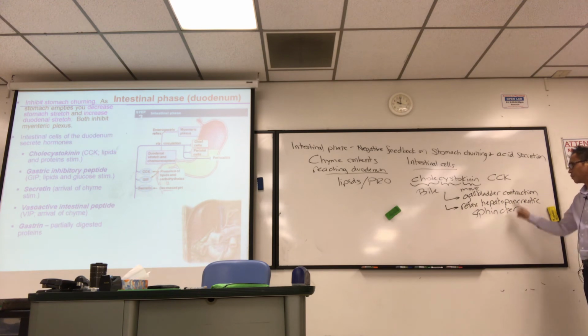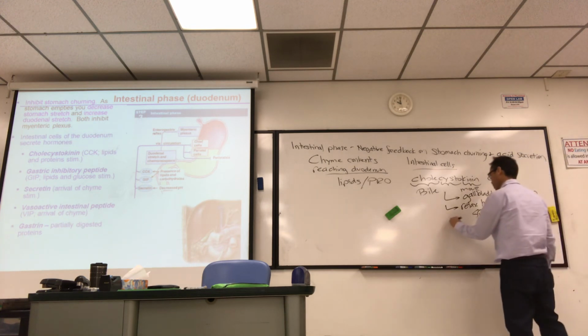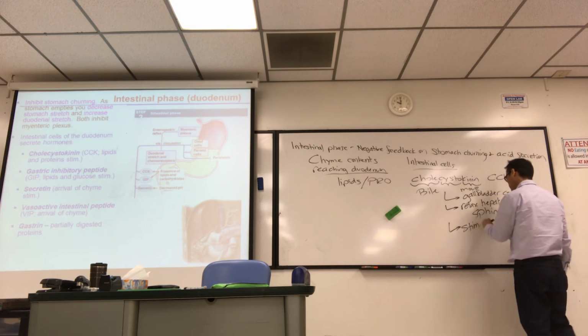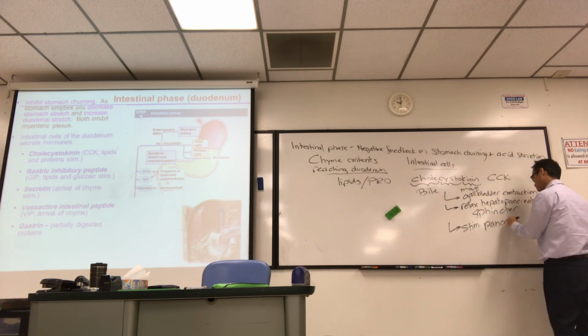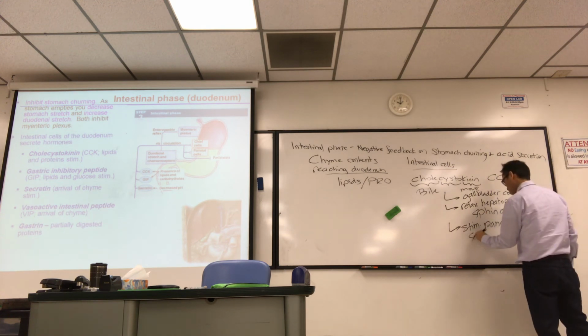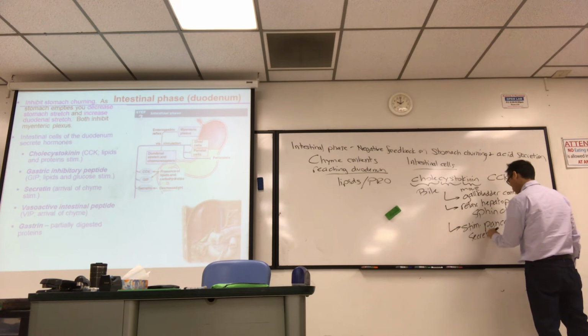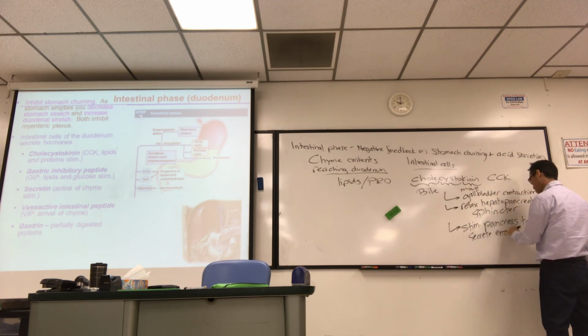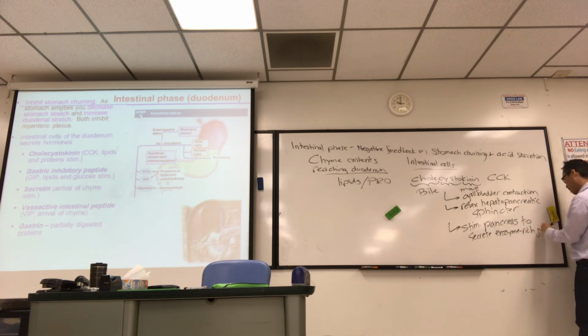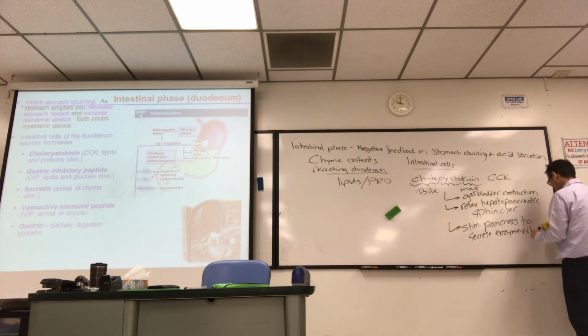But in addition to moving bile, CCK makes the pancreas secrete pancreatic enzymes that will further aid in digestion. So you stimulate the pancreas to secrete this enzyme-rich juice that comes from the pancreas.